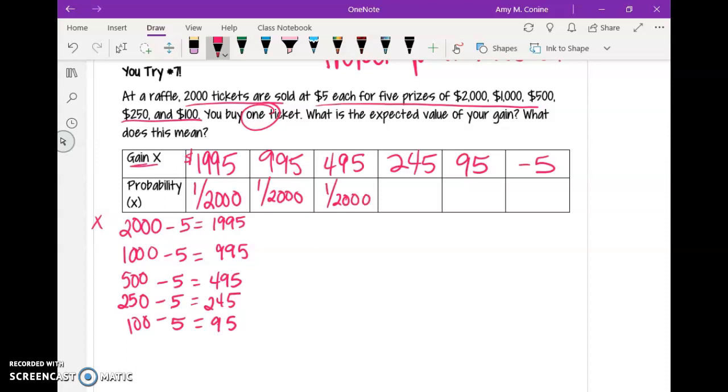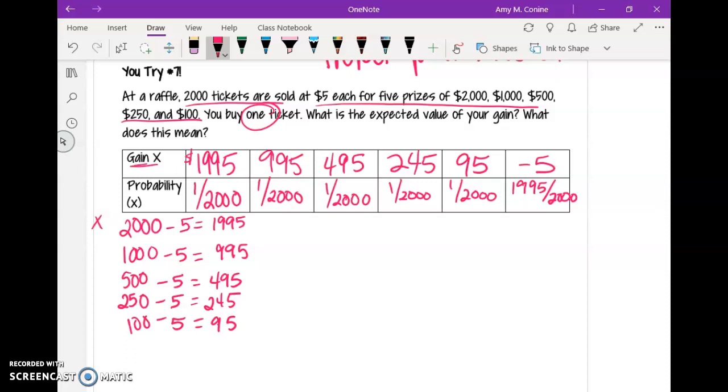And same for the 495, the 245, and the 95. That also means that there are 1,995 chances that we could lose and not win anything. Okay, so we have 5 chances we could win because there's 5 prizes, and we have 1,995 chances that we could lose.